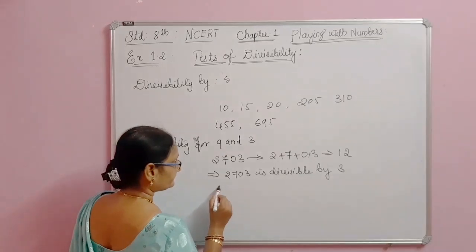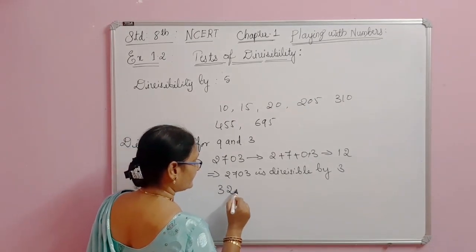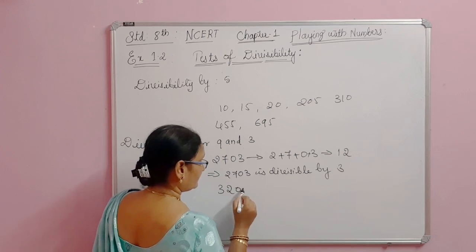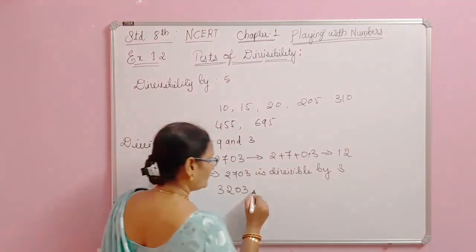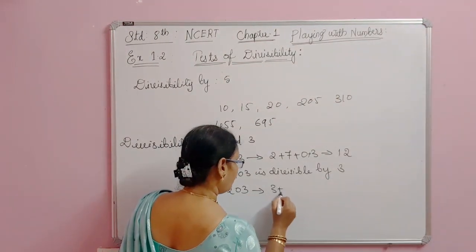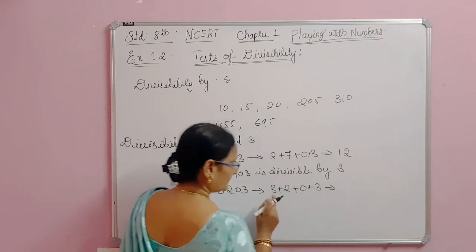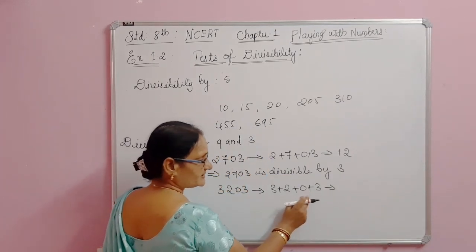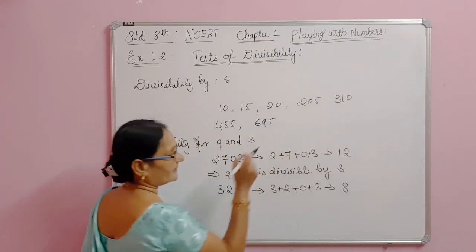Suppose 3203. Now we will see the sum. 3 plus 2 plus 0 plus 3. 3 plus 2 is 5. 5 plus 0, 5 plus 3 is 8. See, 8 is not divisible by 3.